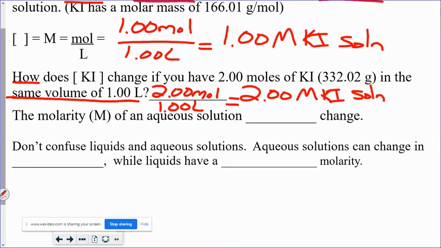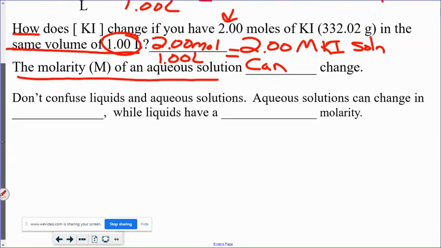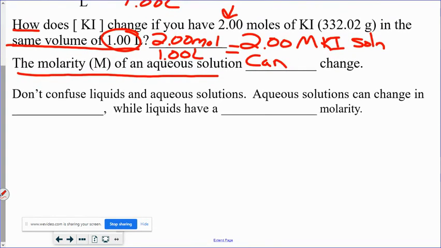So we can notice real quick by simply keeping the volume the same and changing the moles, we can quickly change the molarity of aqueous solution. So the molarity of aqueous solution can change. Don't confuse liquids and aqueous solutions. Aqueous solutions can change in molarity, while liquids have a constant molarity.